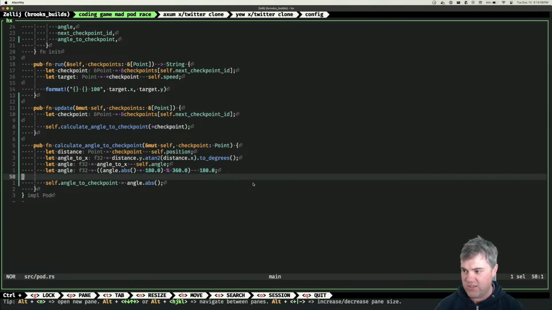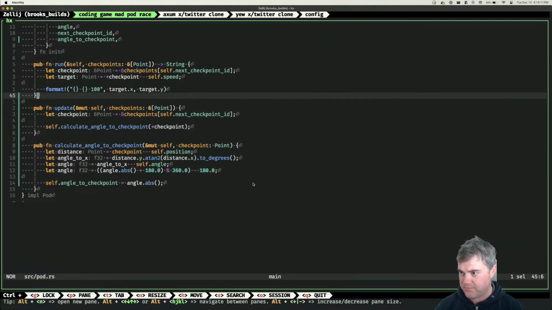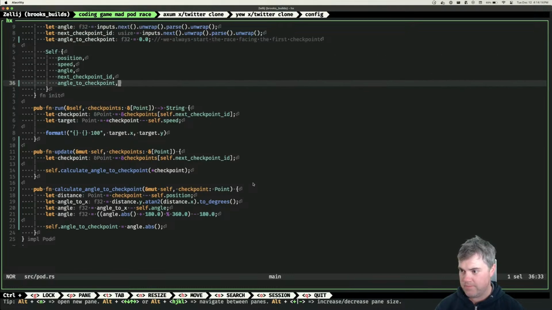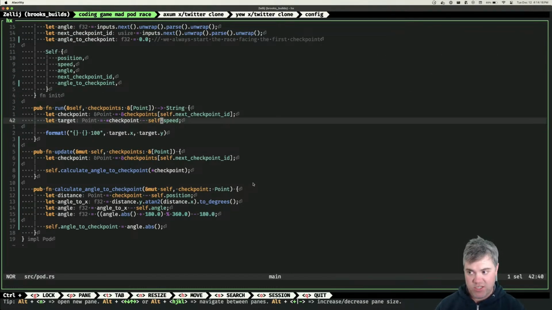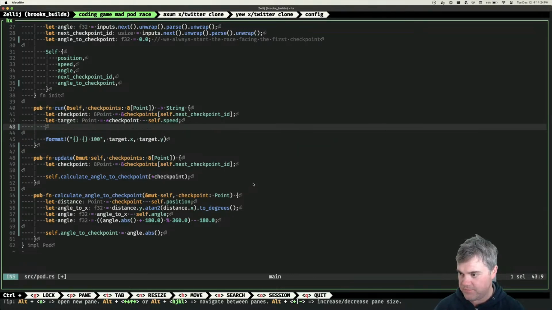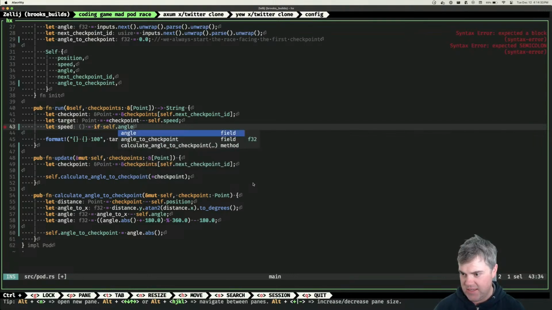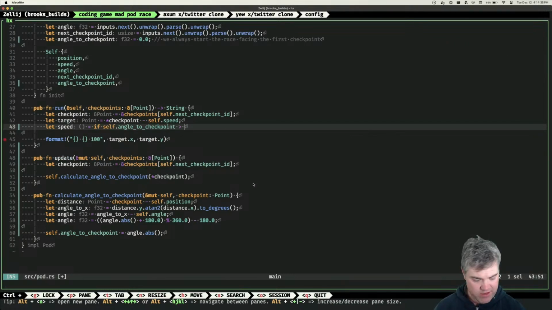And then what I can do is when I'm running, if I want to slow down, I need to figure out what my speed is. So let my speed, if self.angle_to_checkpoint is greater than, let's say, 75.